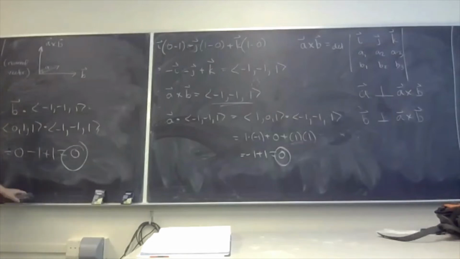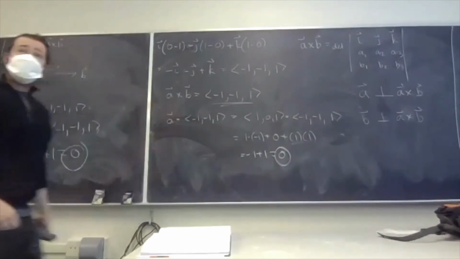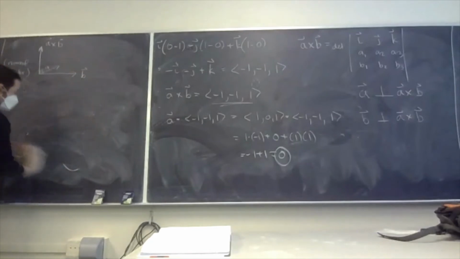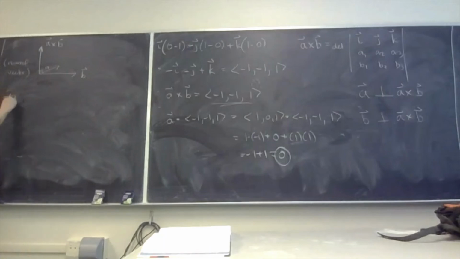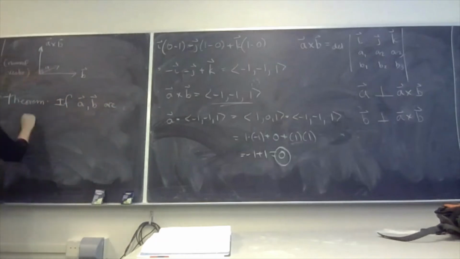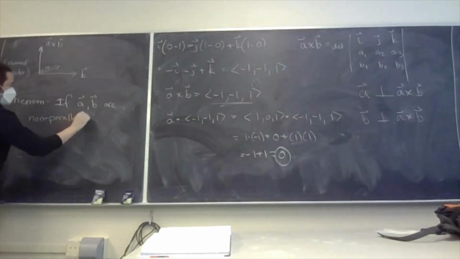Okay. Now this isn't just true of these particular vectors that I've chosen. This is the general, I'll even dignify this with the name theorem. The theorem says if A and B are non-parallel vectors.